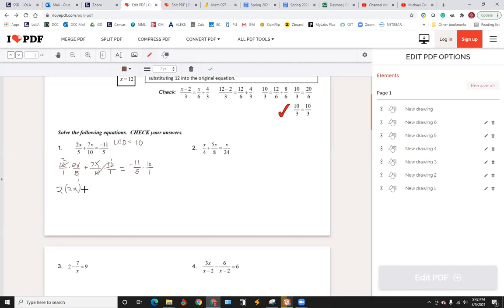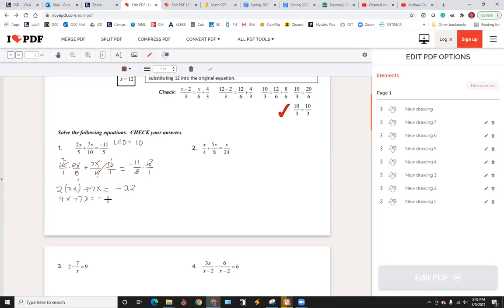So it's just plus 7x. And then here, again, 5 goes into 10 twice. And 2 times negative 11 is negative 22. So 4x plus 7x is equal to negative 22.